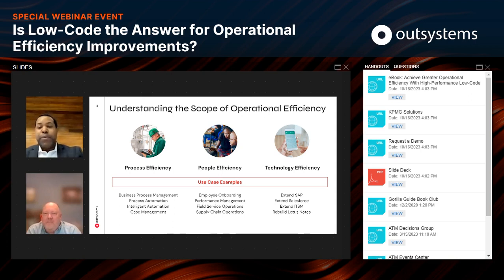And I think you've done a really good job here of breaking it down into process, people, and technology. And if we think back around different types of operational efficiency approaches that have existed throughout the years, they typically break it down into people, process, technology, and I would add data as well as another component.